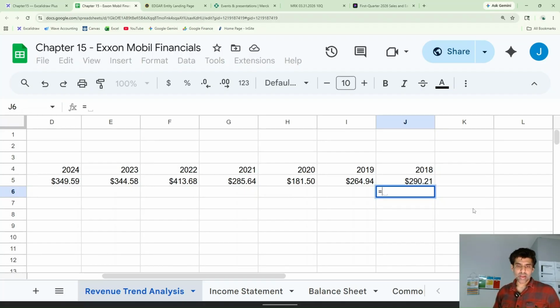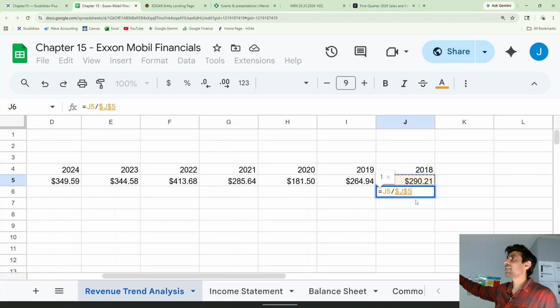You basically want to take the cell above divided by the base year. In this case, the cell above is the base year, but I want to fix the denominator, so I'm just going to put F4 here. Now this formula is going to take whatever cell is above divided by J5, which is this 290,021, which is fixed.